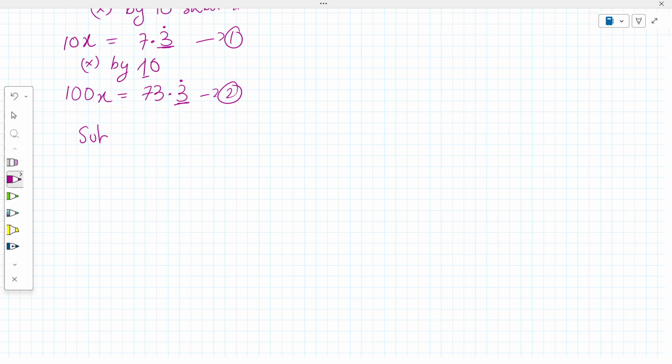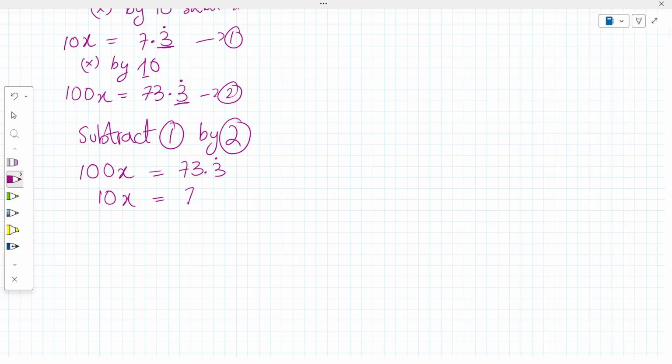As we discussed in basic algebra, we subtract equation number 1 from equation number 2. What does it mean? We will write the second equation first: 100x equals 73.3 with the dot, and the term with the negative sign is equation number 1, so 10x equals 7.3 with the dot.